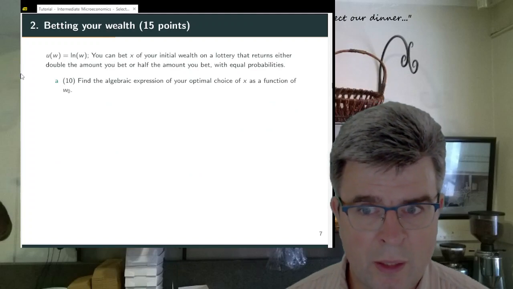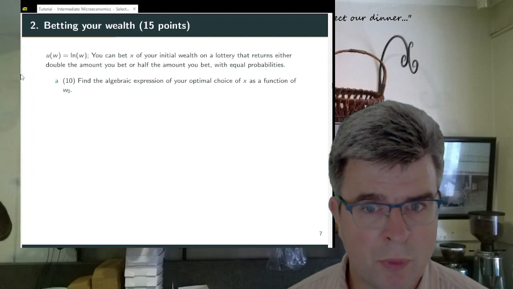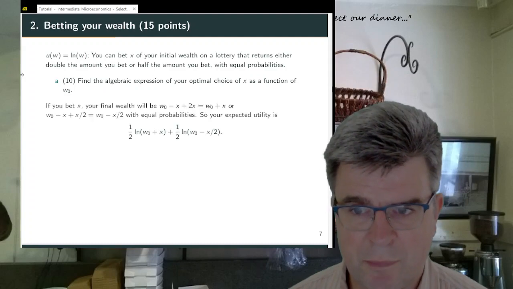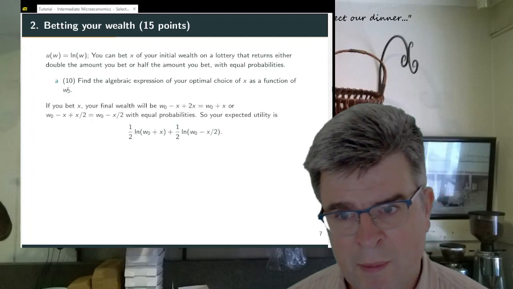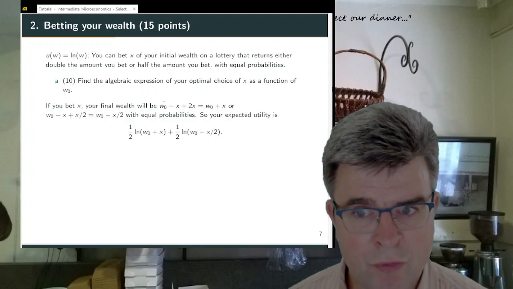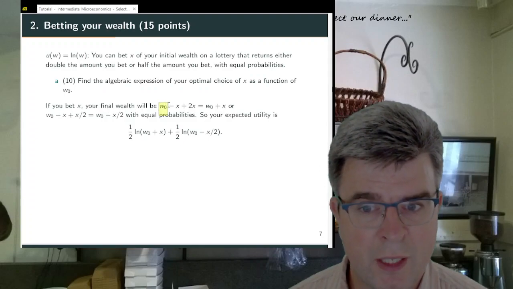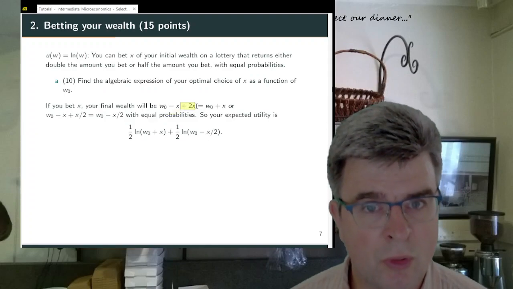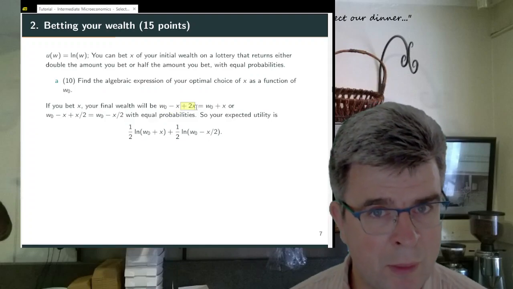We need to find the algebraic expression for the optimal choice as a function of W0, and the situation is as follows. If we bet X, then with probability 1/2 our final wealth will be initial wealth minus the amount that we bet, and we get returned twice the amount that we bet.